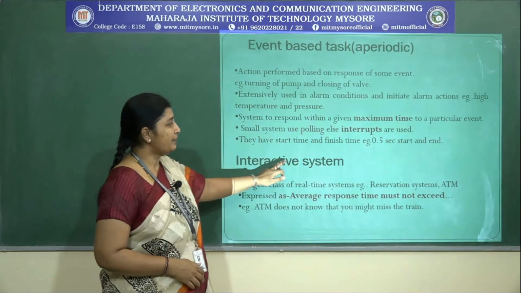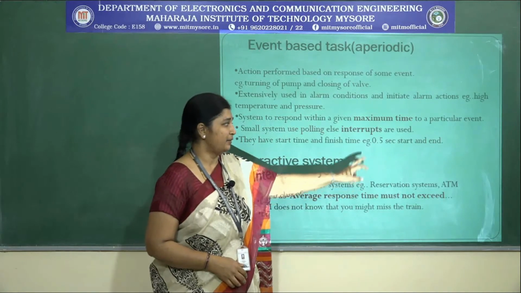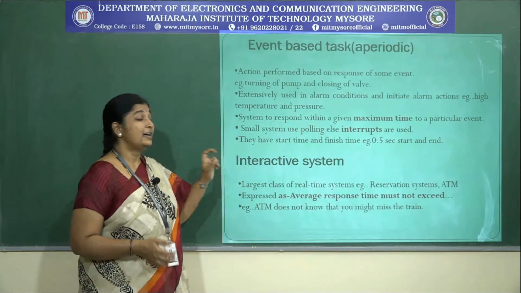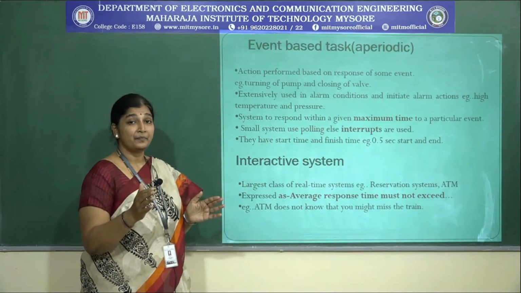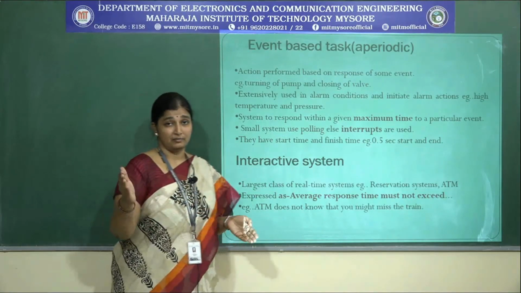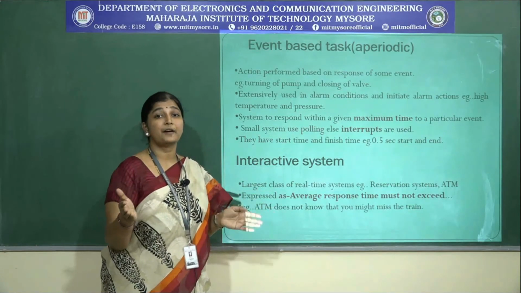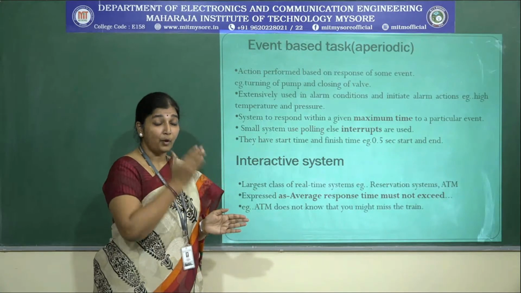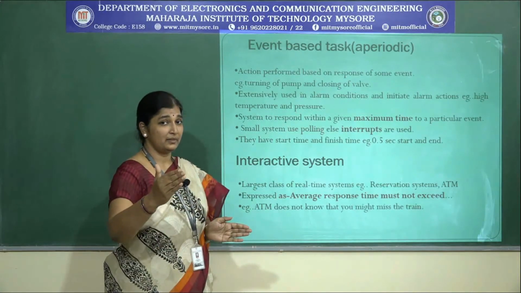They have a start time and a finish time. For example, 0.5 seconds is the start and it could end later. What do I mean by that? A start and finish time for an event. If I say there is a marathon that is going to start in 5.5 seconds, then after 0.5 seconds you have the marathon, right?